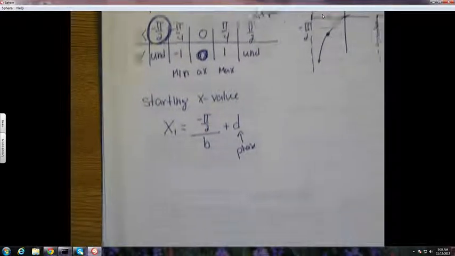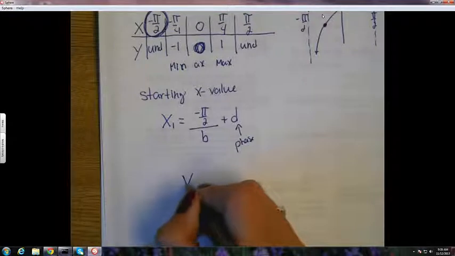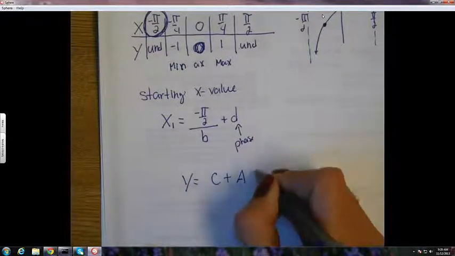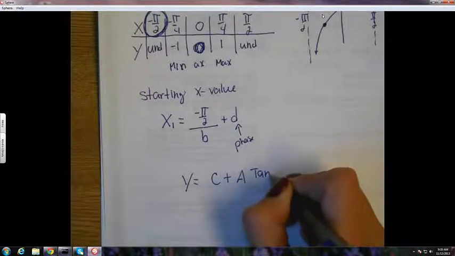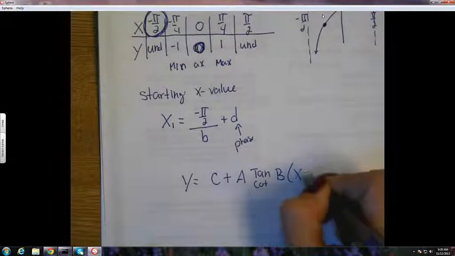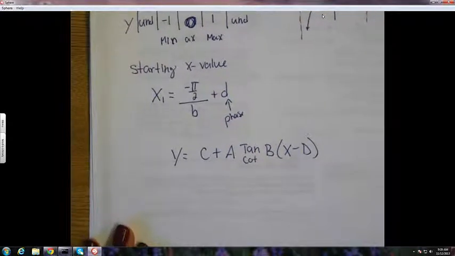So we are going to do all 4 things. C plus A, we've got tangent and cotangent. B times x minus d. We're just going to describe all 4 things again.